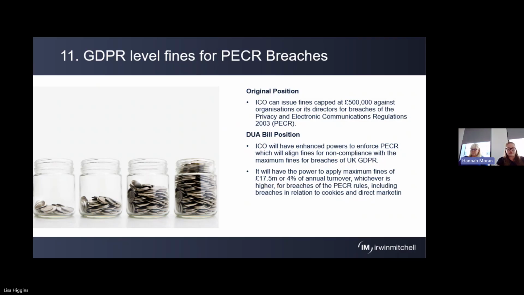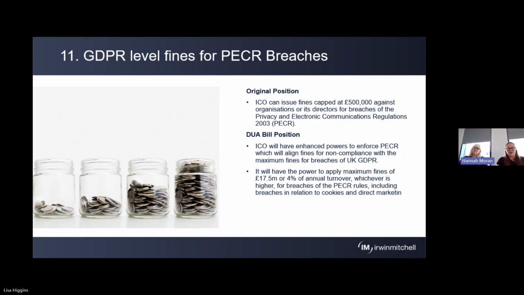This change means that the fines for breaches of PECA will align with the maximum fines for breaches under UK GDPR. And importantly, it's a significant increase from the current maximum, which is £500,000.